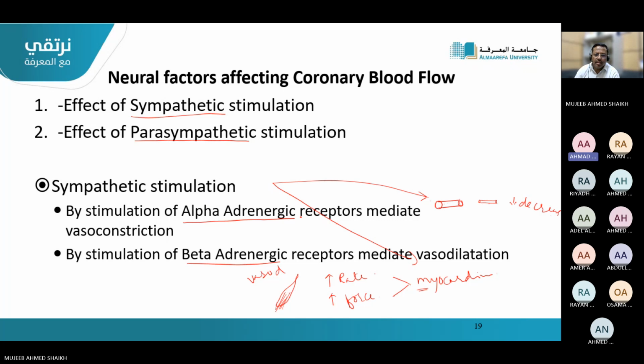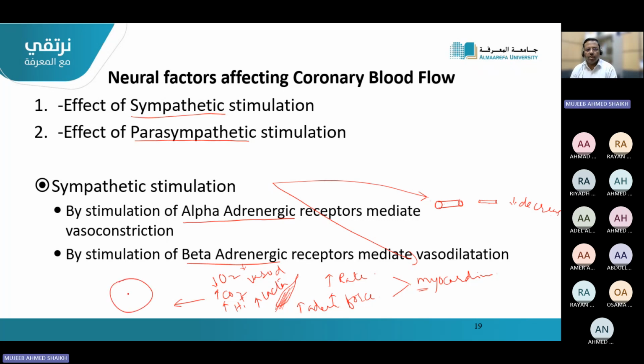And through the beta receptor, it will cause muscle activity, increased rate and force of contraction. This will lead to increased CO2, decreased O2, increased hydrogen, increased lactate, increased adenosine, and this will lead to vasodilatation. You got it or not?